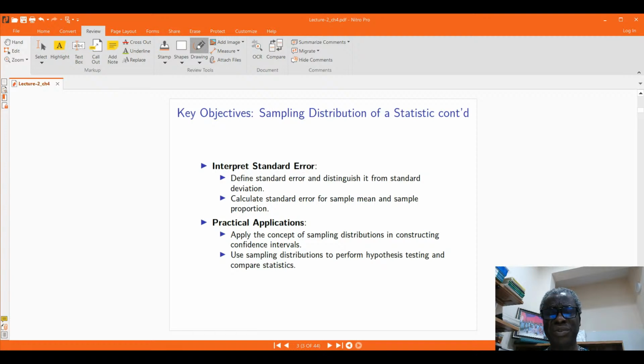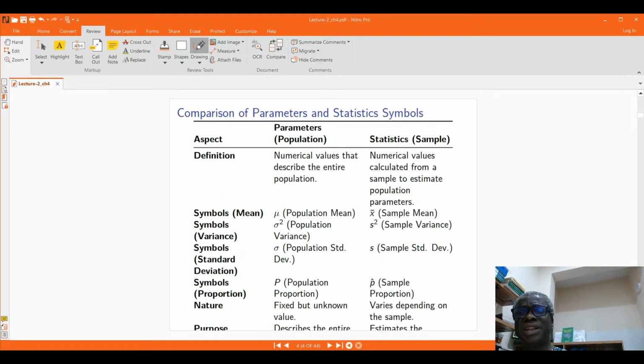We will not go deep into that, but in this lecture, you will know the application areas of the sampling distribution of the statistic, and later, how you can use sampling distributions to perform hypothesis testing and compare statistics. So those are the key objectives. Now let's get to work.